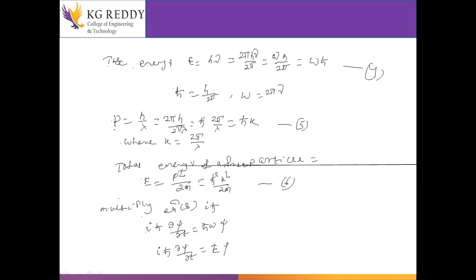iħ ∂ψ/∂t = Eψ. But what is E? From equation 6, we know that iħ ∂ψ/∂t = ħ²k²/2m ψ.